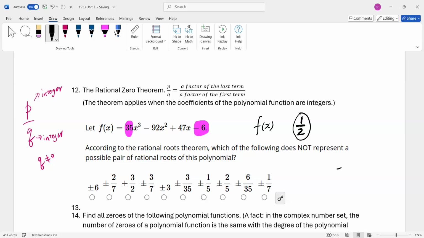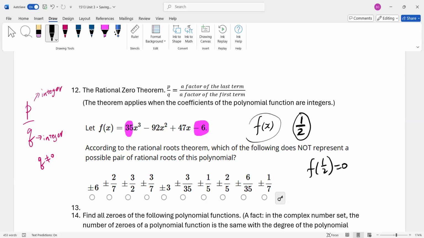When we say a rational number is a zero of the polynomial function, what does that mean? It means if we plug in x equals 1/2, we get zero. A zero of a polynomial function is a value that will make the function be zero.